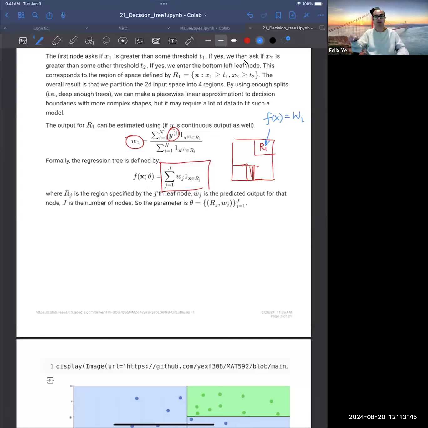This is similar to the idea of regression, but we are just using piecewise constants to approximate the function. Rj is the region specified by the jth leaf node, and Wj is the predicted output for that node. The parameters we have for this problem are Rj and Wj, right?